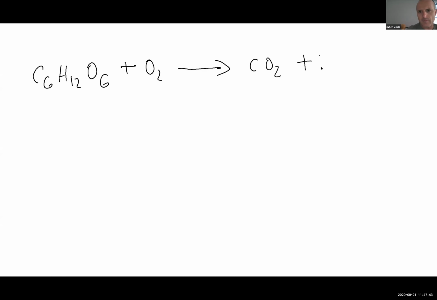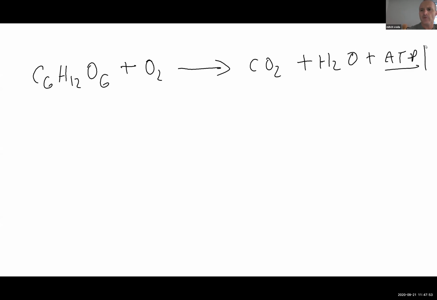Now, let's write quickly the general formula for cellular respiration. C6H12O6 plus O2 turns into CO2 plus H2O. Now, as a byproduct, we get a lot of ATP.